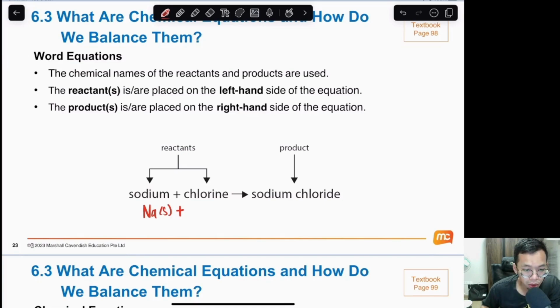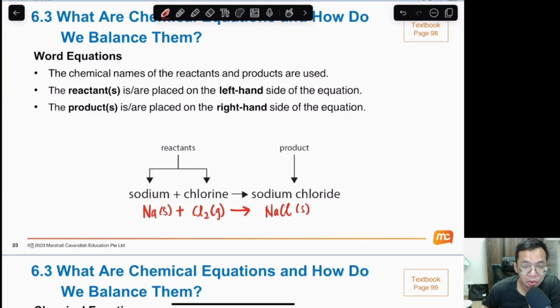And remember, chlorine is in group 17, so it exists as a molecule. So we write it as Cl2, gas, arrow, sodium chloride, which is a product, your common salt. And sodium chloride is usually in a solid form in this case.